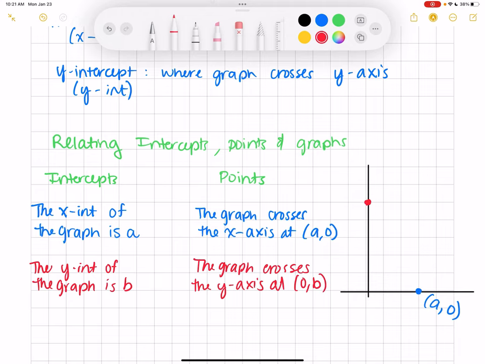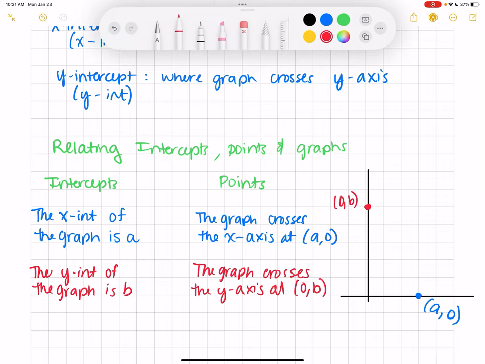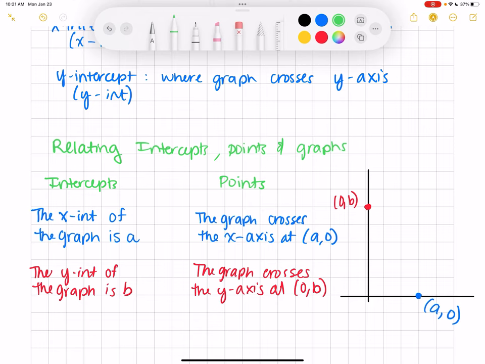So we can say that somewhere up here, this would be the point (0, B). And then to graph the line, you find both intercepts and then you graph the line through the 2 points like that.